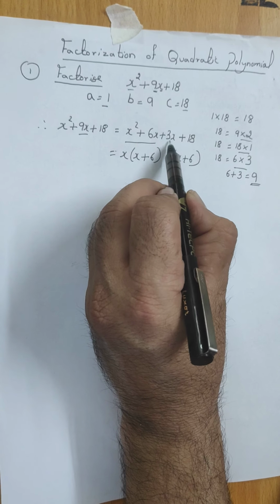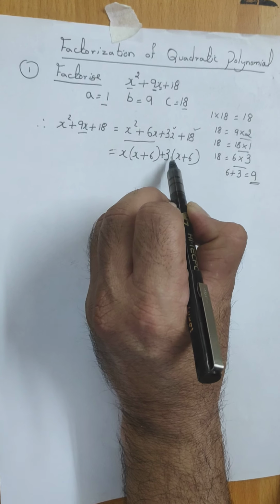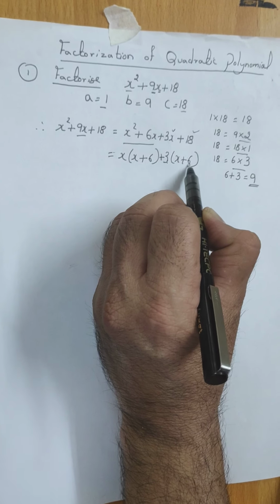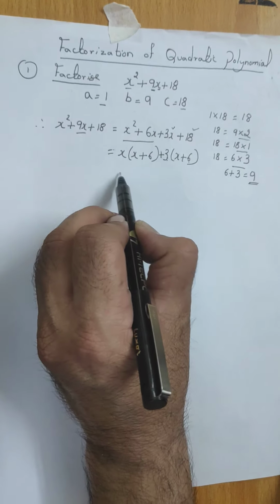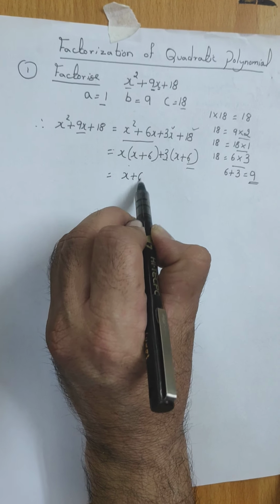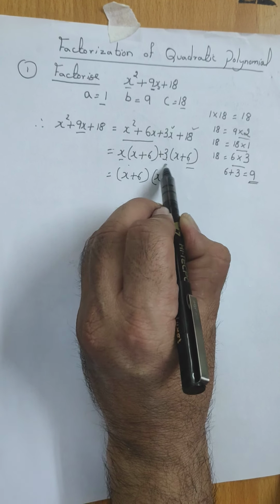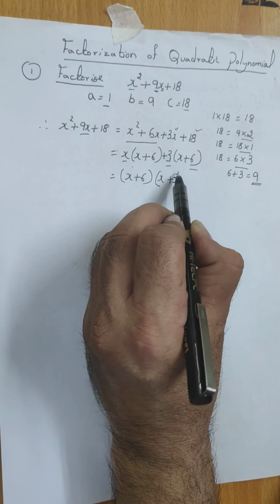Clear? Now after multiplying with which number will I get the third and the fourth terms? I have to multiply with 3. See, 3 into x is 3x, and 3 into 6 gives the 18. Clear? Now what is common in these two? That is, x plus 6 is common. So I'll take that out. Now what is left? x, and here plus 3 is left.